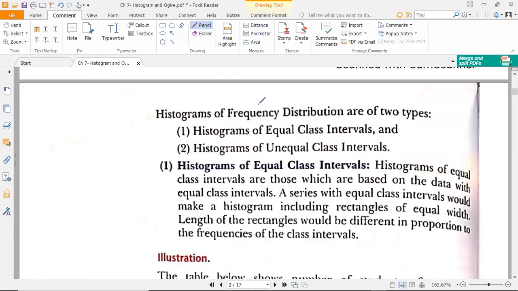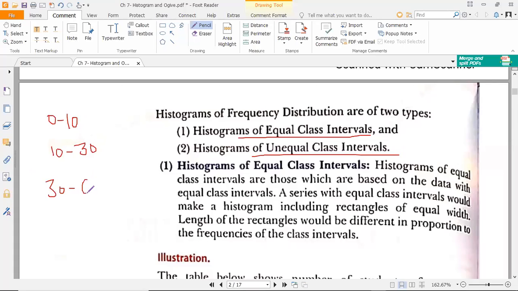So basically histograms are of two types. The first one is the histogram of equal class intervals, when you have got equal class intervals like 0 to 10, 10 to 20, 20 to 30. Then you have histograms of unequal class intervals. Now what is unequal? For example, over here, look, 0 to 10, 10 to 30, 30 to 60.